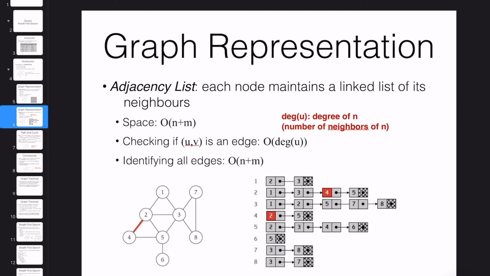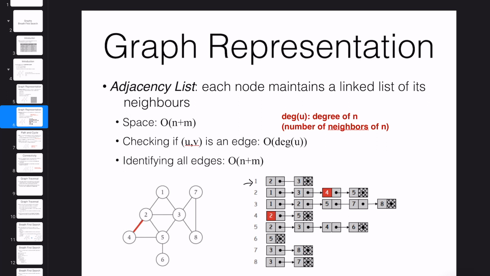That's why there is another way to represent a graph. This is called the adjacency list, where we have n different linked lists, each corresponding to a node. In each linked list, for example the linked list for the node 1, you will keep all the nodes that you have access to.